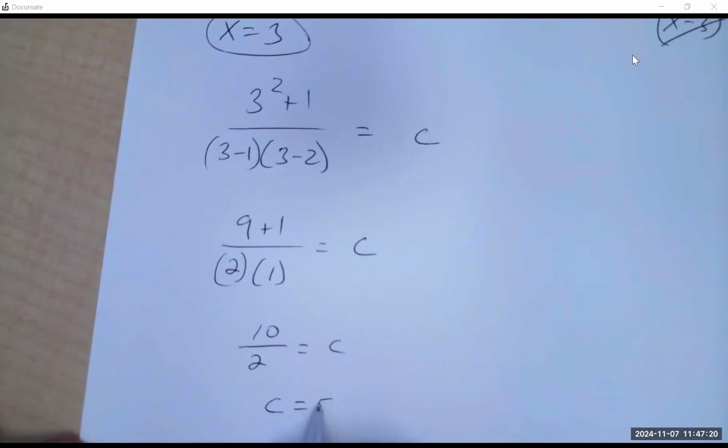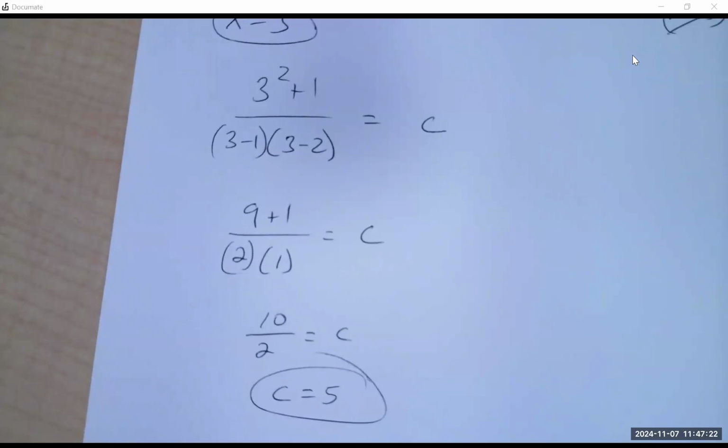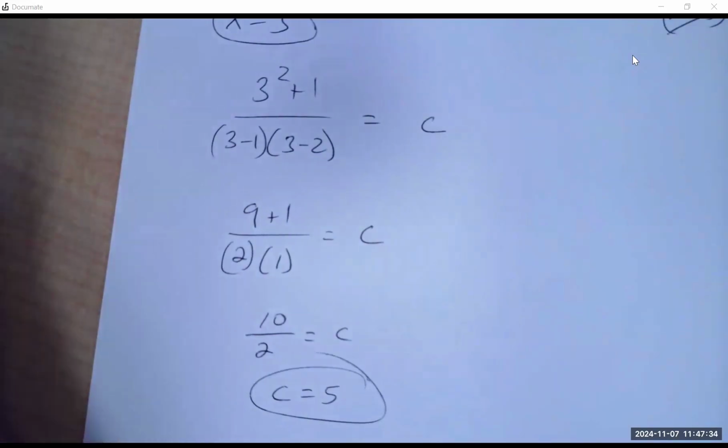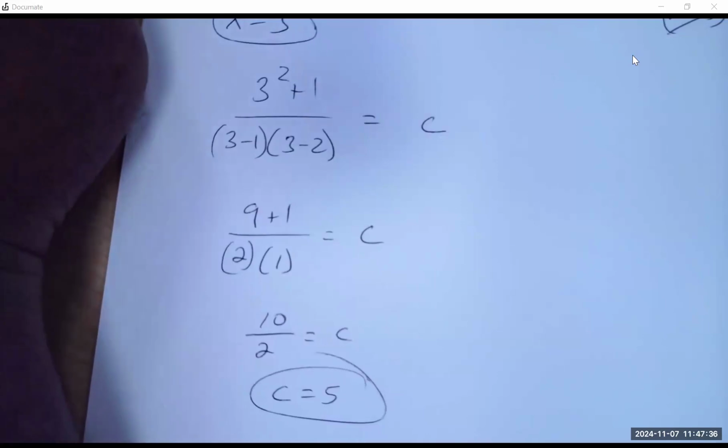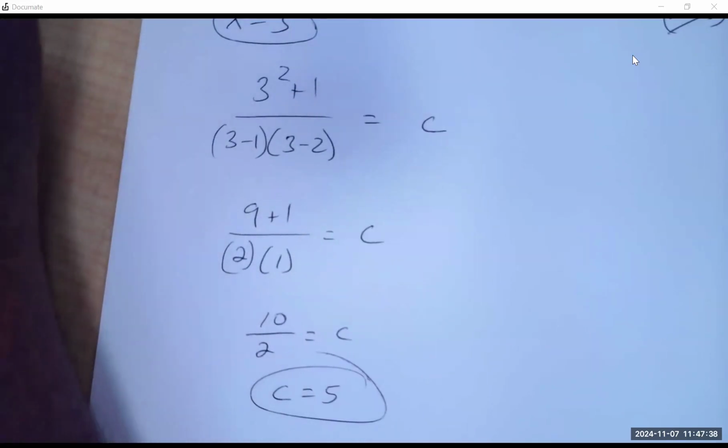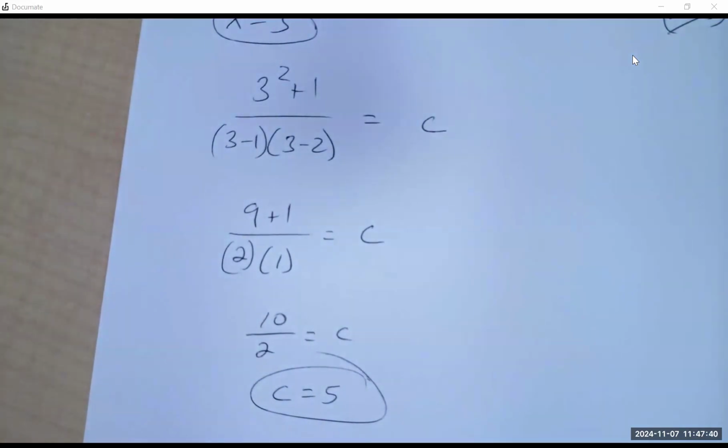So C is equal to positive 5. Shortcut. Only works if all of the factors are linear factors on the denominator. Yeah, I bet we should go back and check each one that we've done originally.